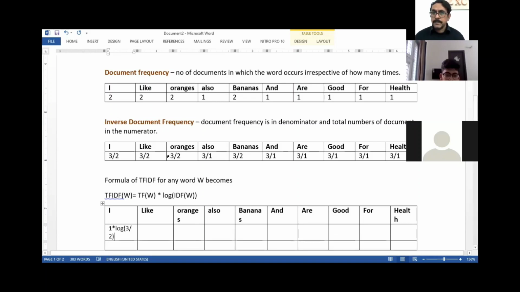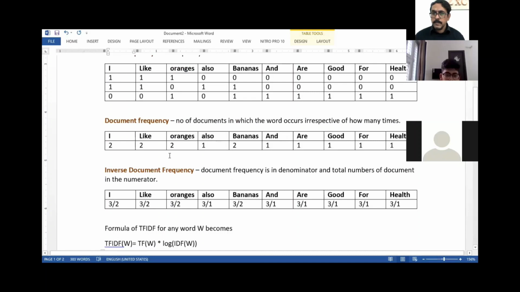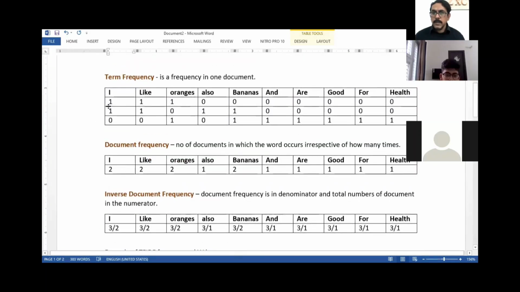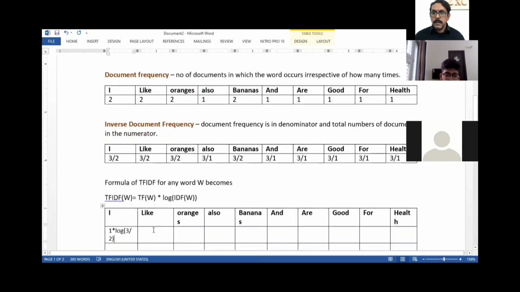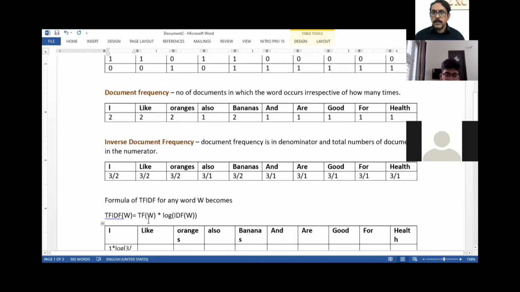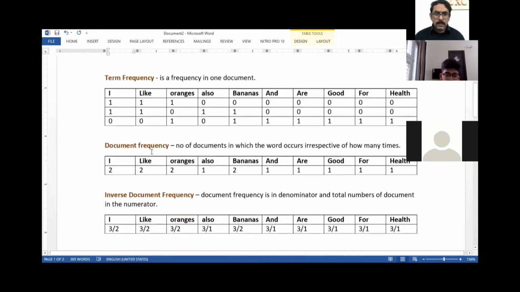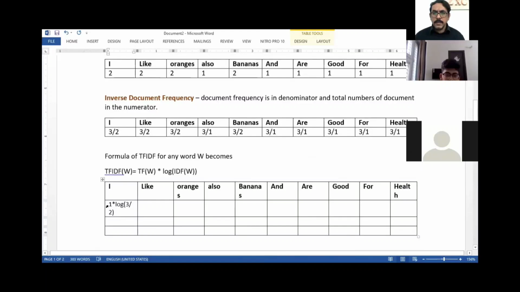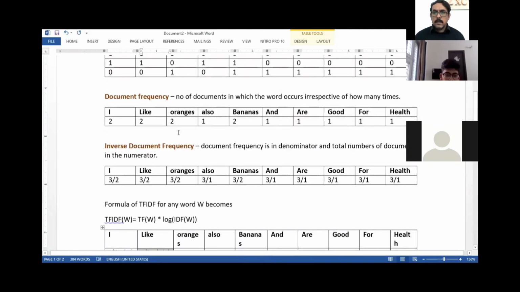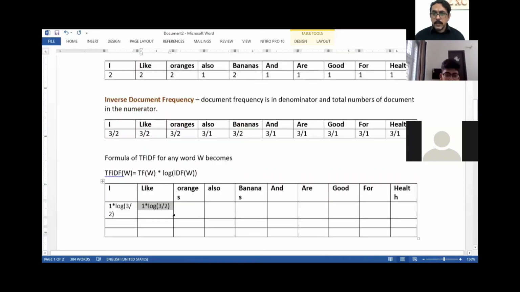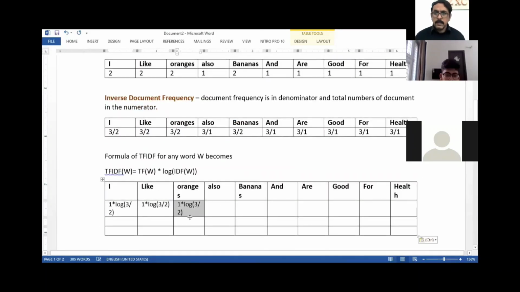Simple. Correct. This one is 1 now. 1 into log 3 by 2. Now this one is also 1, so you'll copy the same thing over here. Fine. Then this one, the third one, you'll write it over here.